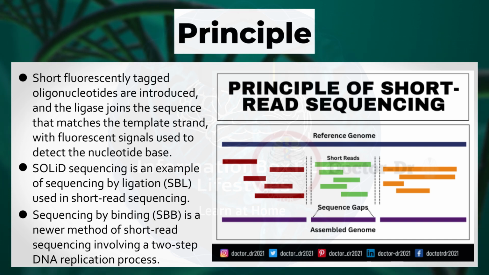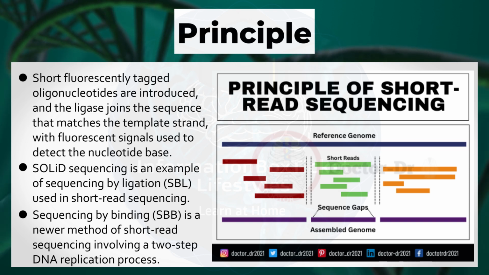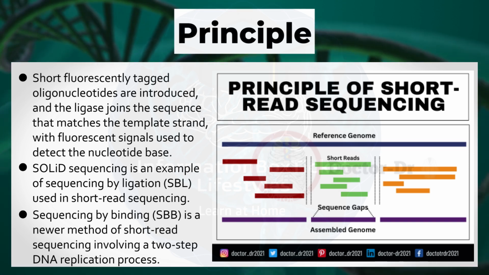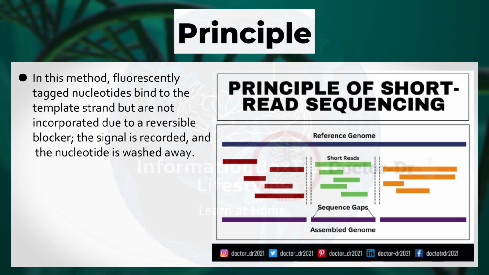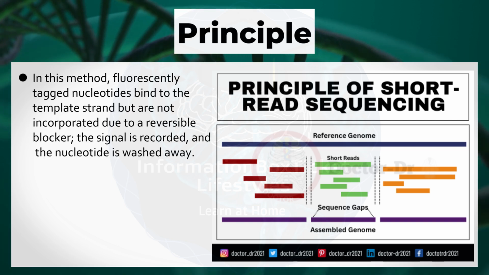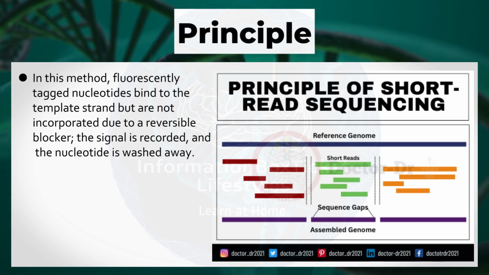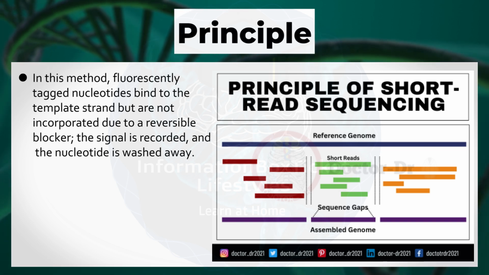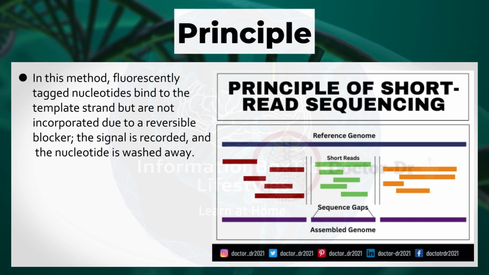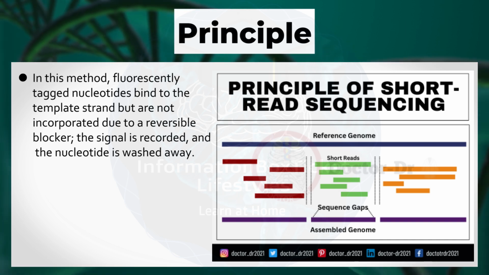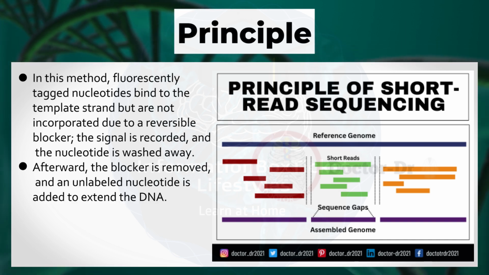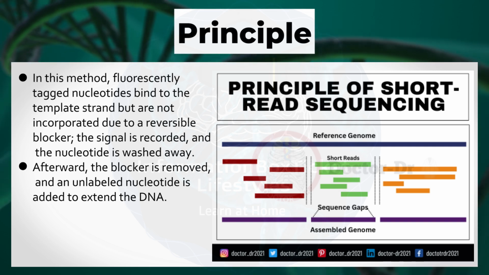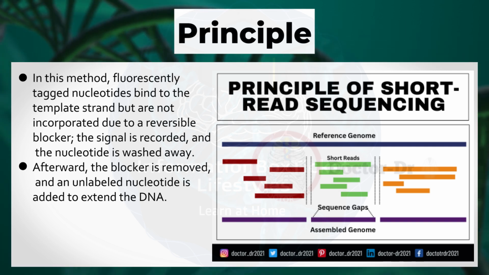Sequencing by binding is a newer method of short-read sequencing involving a two-step DNA replication process. In this method, fluorescently tagged nucleotides bind to the template strand but are not incorporated due to a reversible blocker. The signal is recorded and the nucleotide is washed away. Afterward, the blocker is removed, and an unlabeled nucleotide is added to extend the DNA.